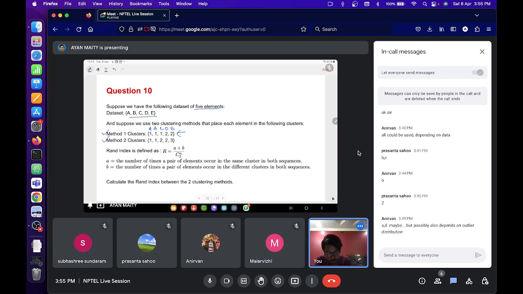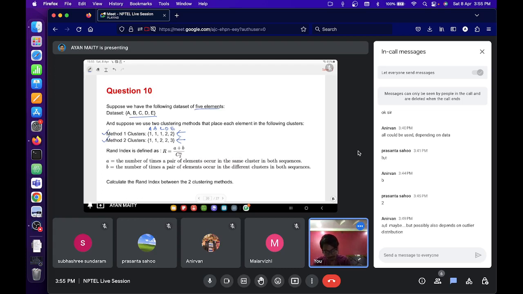Similarly, in method 2, the cluster assignments are 1, 1, 2, 2, 3. That means A and B are assigned to cluster 1, C and D are assigned to cluster 2, and E is assigned to cluster 3. So these are the two clustering assignments using two different clustering methods.